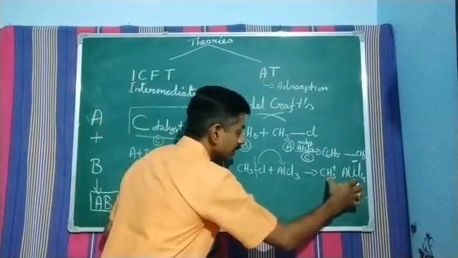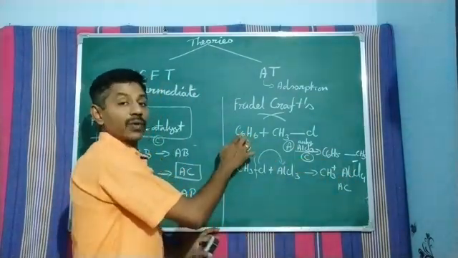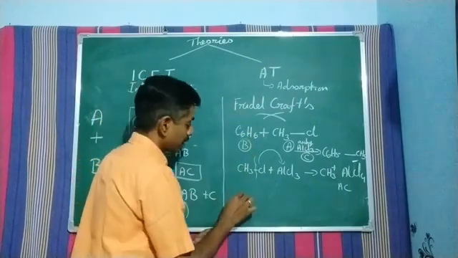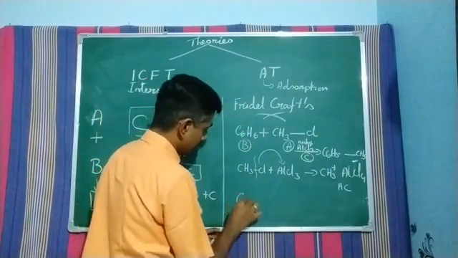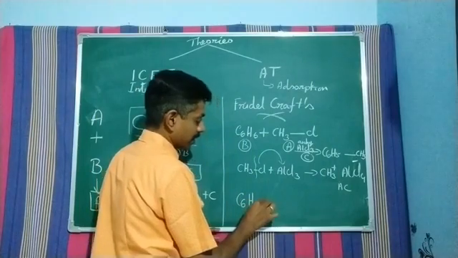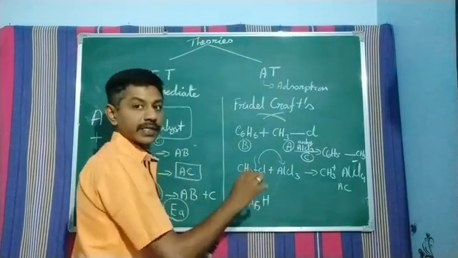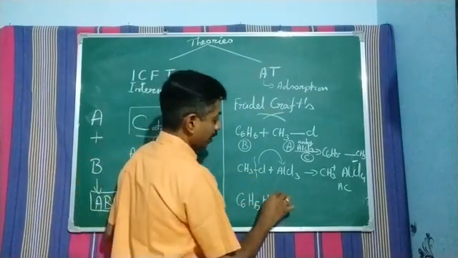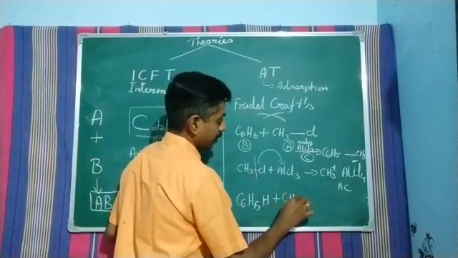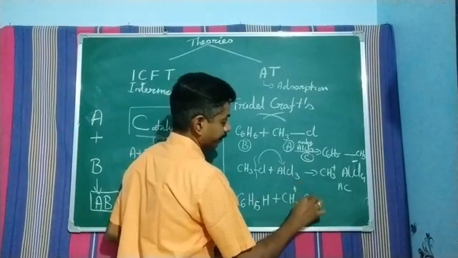Now this intermediate is going to attack one more reactant B, that is C6H6, I can write C6H5H for your easy understanding. That reacts now with the intermediate formed.